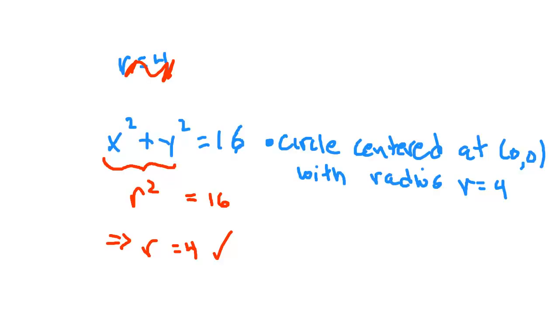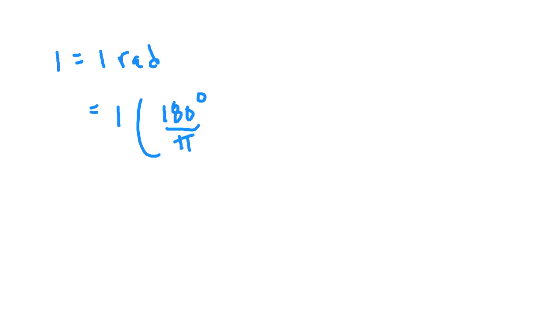That's right, Jonathan. 1 just means 1 radian, and we could take 1 radian and multiply it by 180 degrees divided by pi. That gives you about 57.3 degrees, approximately.